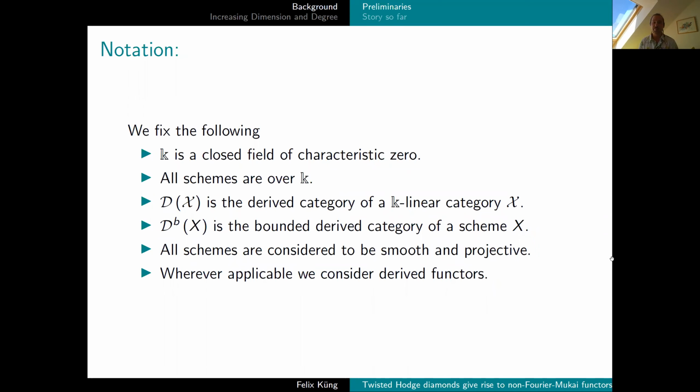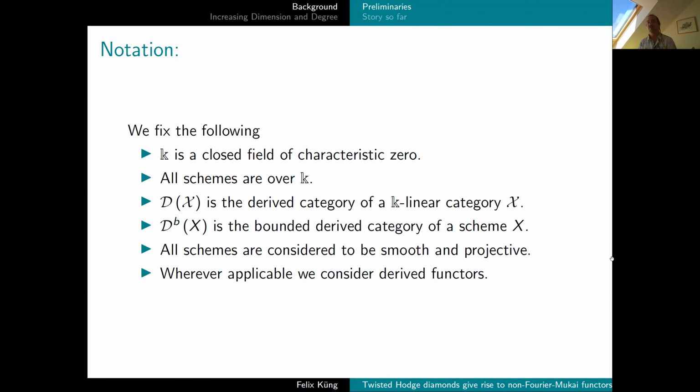So let's first of all fix some notation. Throughout this talk, K will always be a field of characteristic 0, because if you are not in characteristic 0, it's not that hard to get non-Fourier-Mukai functors. However, in characteristic 0, it's a really big thing. Then all of our schemes will be over K. We will denote by D(X) the derived category of a K-linear category X. So just think about X as a fancier ring.